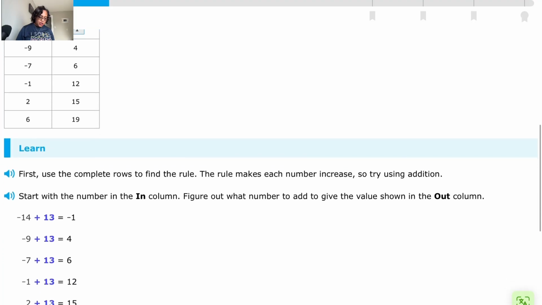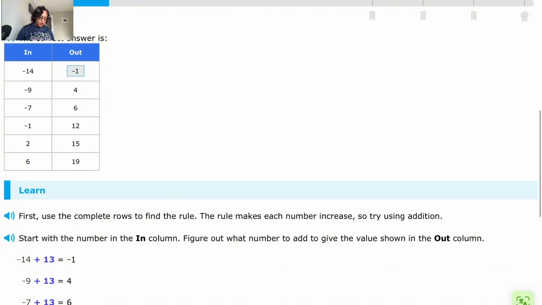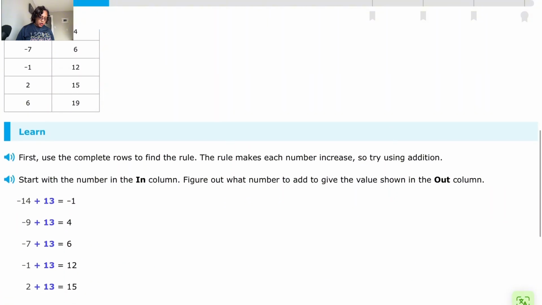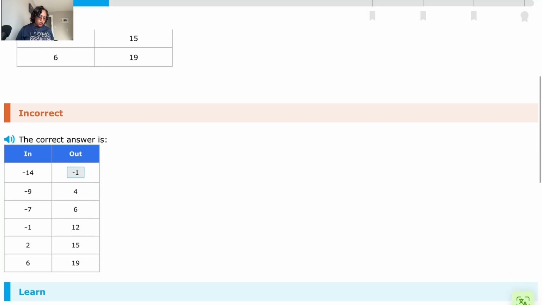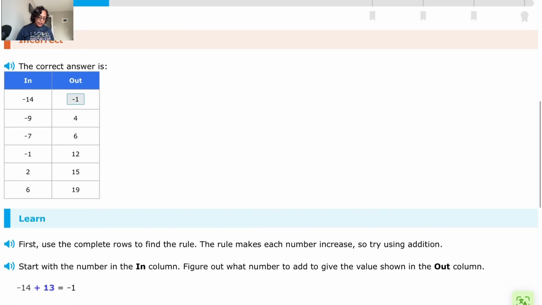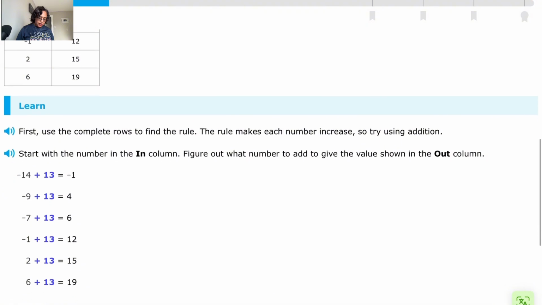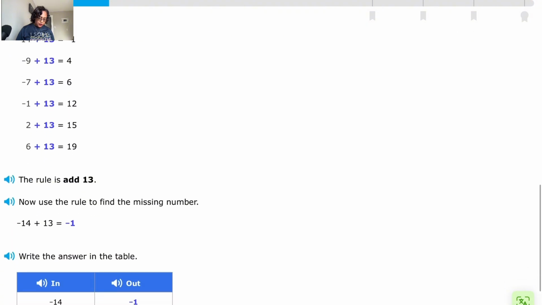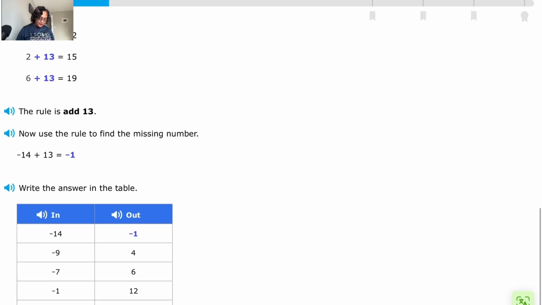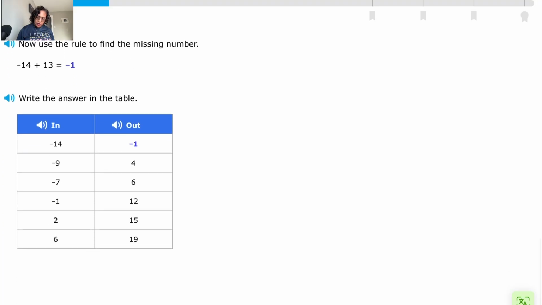And then they will show you what you typed in, right? So what they'll do is they'll show you the correct answer, and then they'll show you why it's the correct answer. Okay, and they'll show you all of the steps. So the rule is to add 13. Okay. All right, and then you click got it.